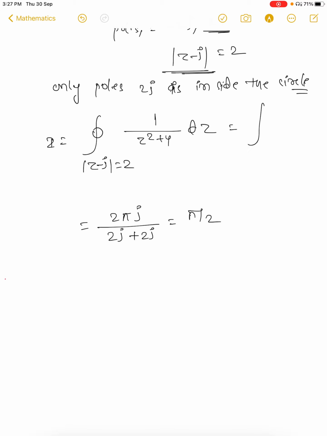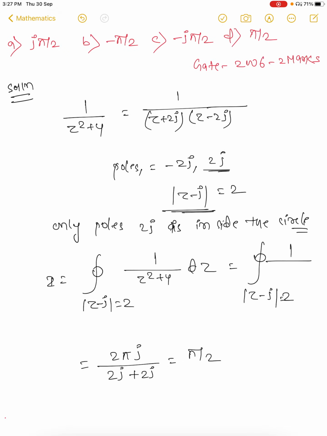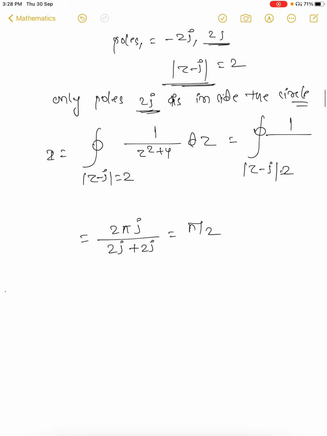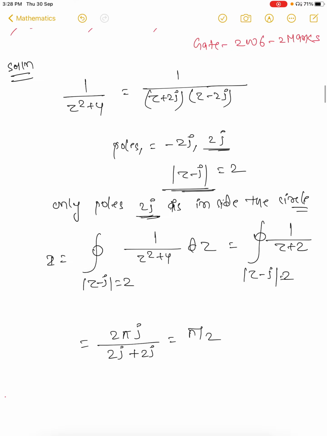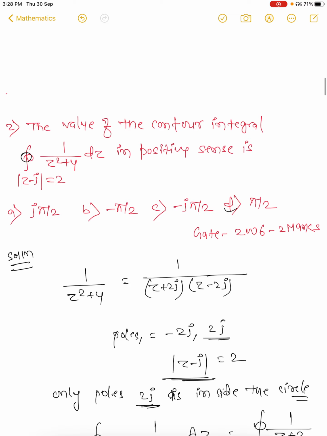Why? Because we have to consider only the poles inside |z − j| = 2. These poles, only 2j, lie inside the circle. So π/2 will be the right answer, or option D will be the right answer.